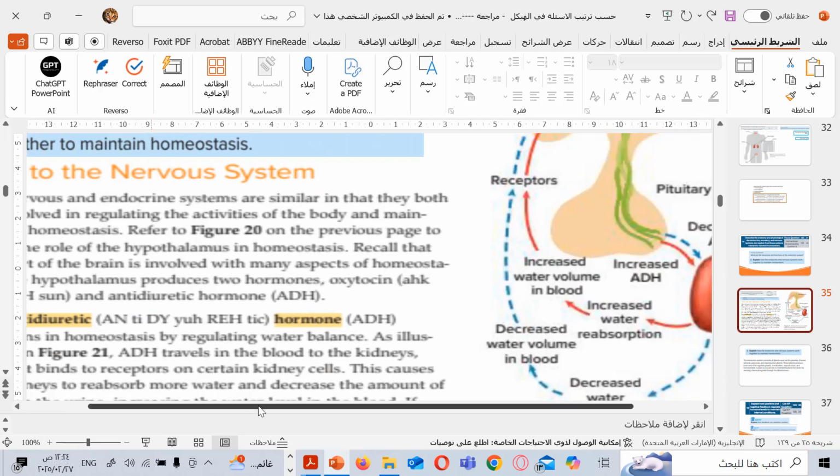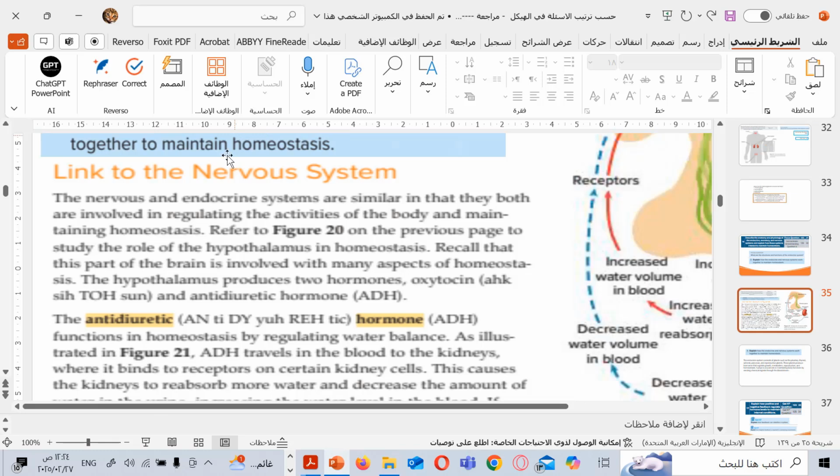The nervous and endocrine systems are similar in that they both are involved in regulating the activities of the body and maintaining homeostasis. If we see this figure, we will know the role of the hypothalamus, from the nervous system, is homeostasis.